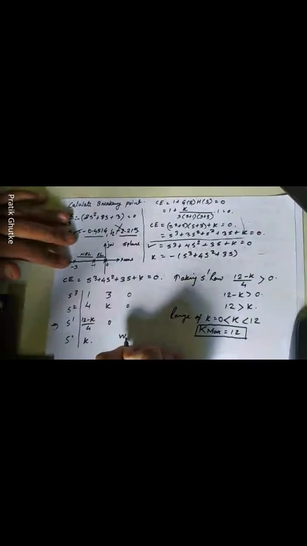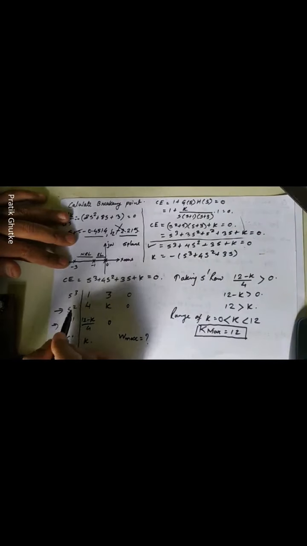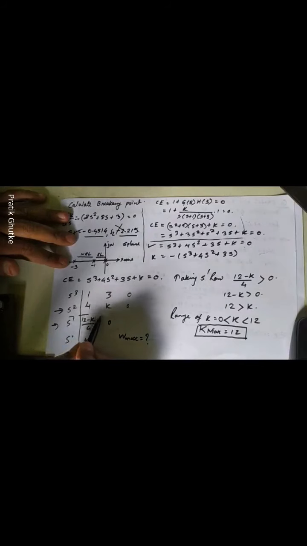So for that omega max calculation, what will I be doing? I will take the s to the power 2 row. Why? Because from the s to the power 1 row, I have calculated the value of k. Now to calculate the value of omega max, I have to take the auxiliary equation from the row above the s1 row. So above the s1 row, it is s square.